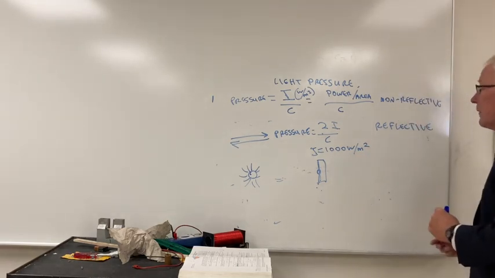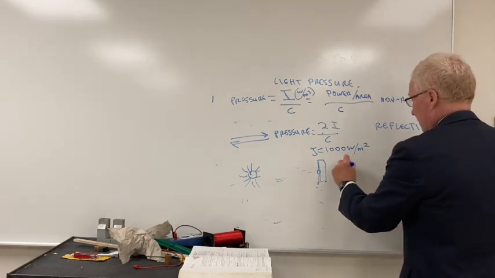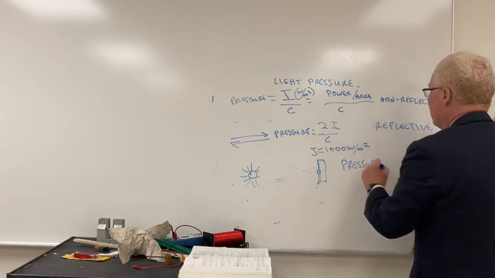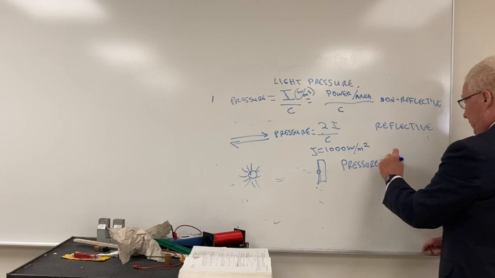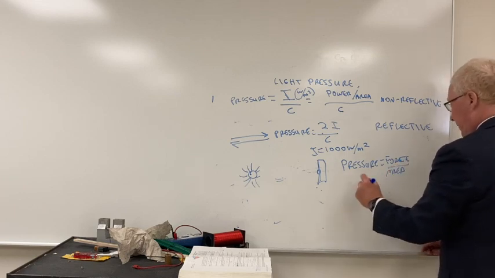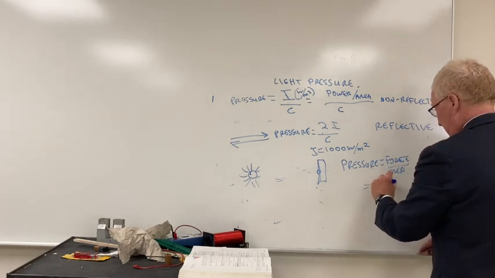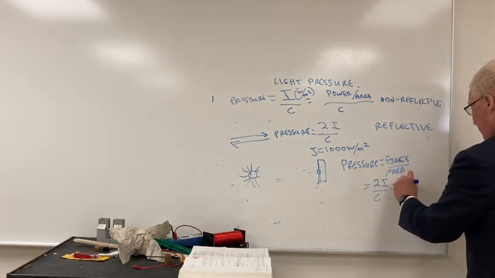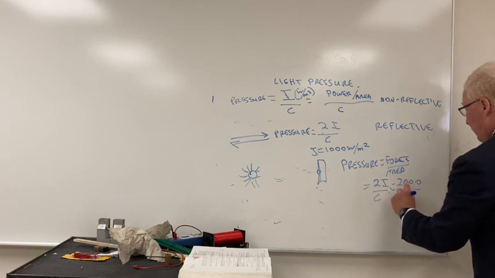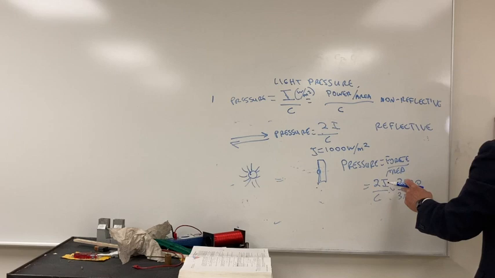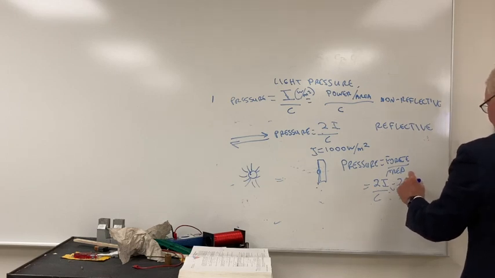So the pressure, which is force over area, will be given as 2I over c, which is 2 times 1,000 over 3 times 10 to the 8th.